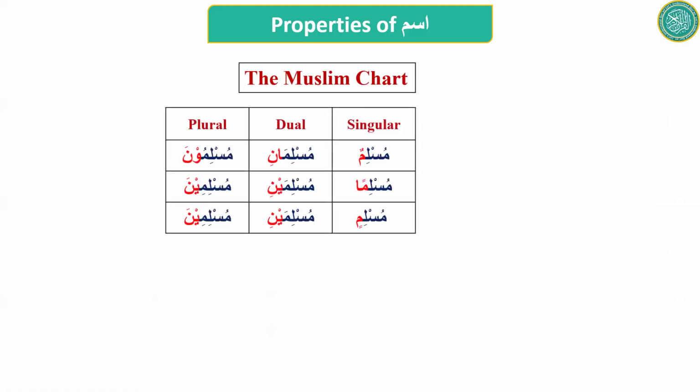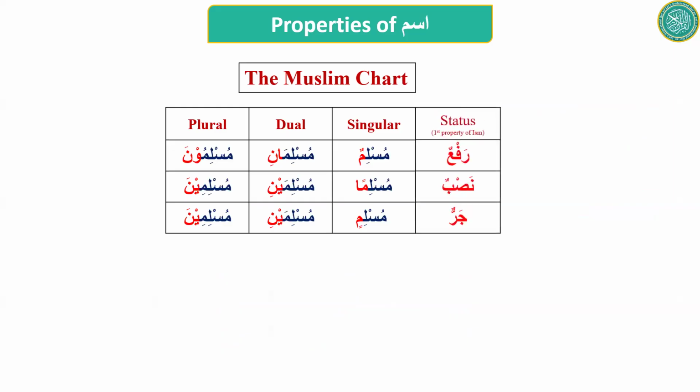Now, what is this? Muslim chart. Everybody knows this. Now I'm going to use it to tell you the status. There are three types of status: Rafa, Nasab, and Jar. Memorize these terms. We are going to use them thousands of times in this course. What they mean and what they are used for is not what we are going to learn right now.